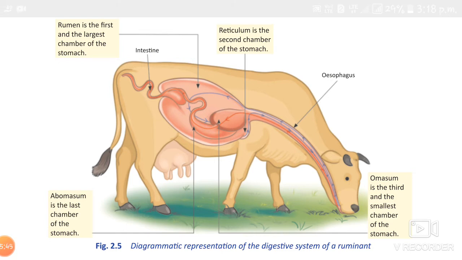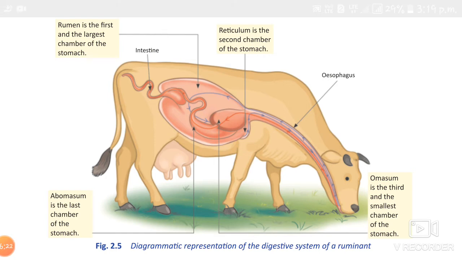The rumen has billions of bacteria and protozoa, which break down the carbohydrate called cellulose, found in hay and grass. A large amount of saliva is secreted in the rumen. In humans, saliva is secreted in the mouth.